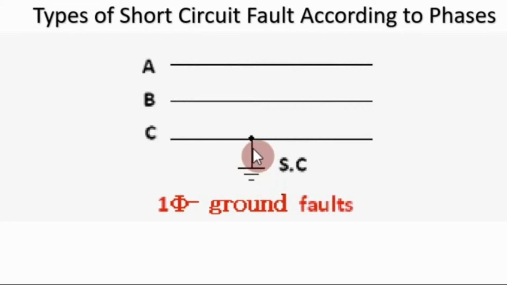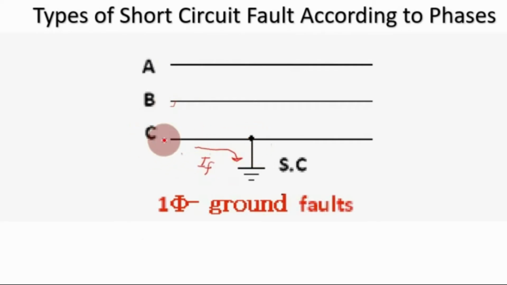So it means that the current will be flowing from this line to the ground. All of the current, we call this the fault current. And the current here in line A and B is 0.